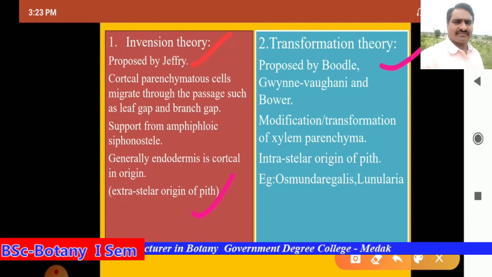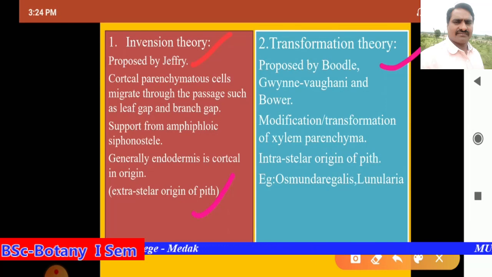So this theory is called transformation theory. A pith-like structure forms in the middle of the vascular cylinder, and a vascular cylinder with a pith is called siphonostele.